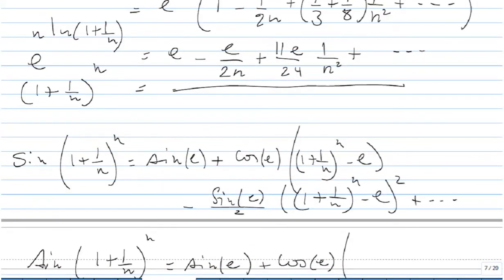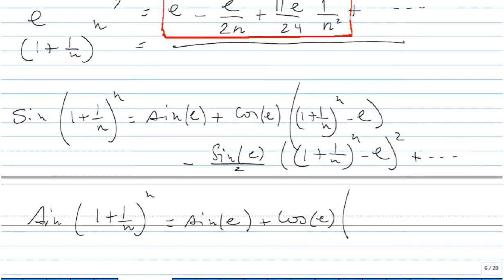We found it, this here minus e. So we get minus e over 2n plus 11 over 24, 1 over n squared. I will stop at 1 over n squared, okay?